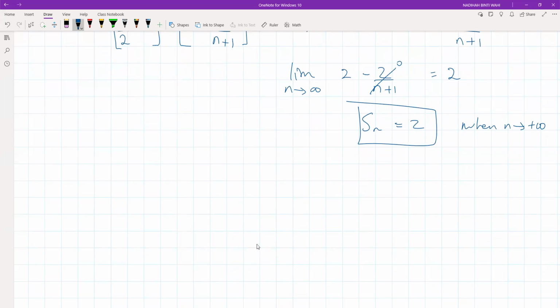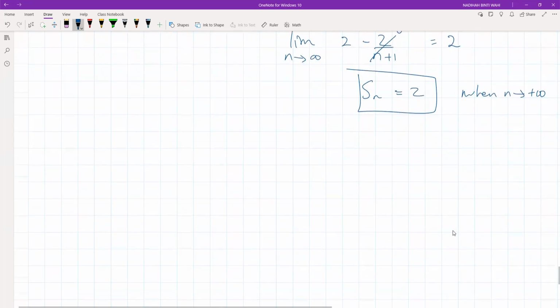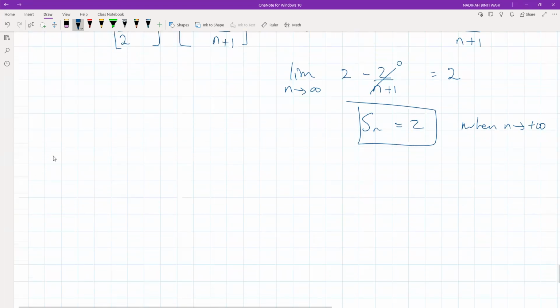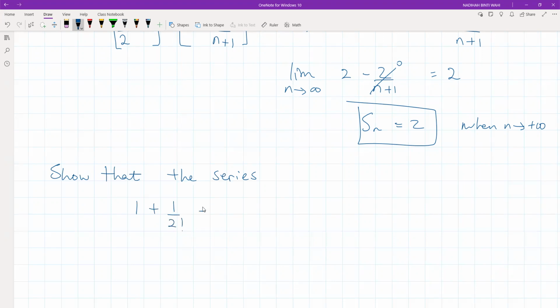Alright. Okay, let's see the series. Let's say, show that the series 1 plus 1 over 2 factorial plus 1 over 3 factorial plus 1 over 4 factorial plus... this is less than 2, strictly less than 2.